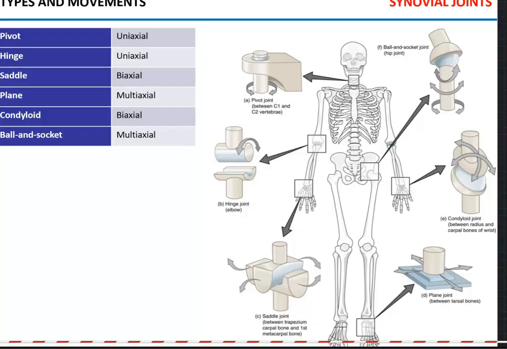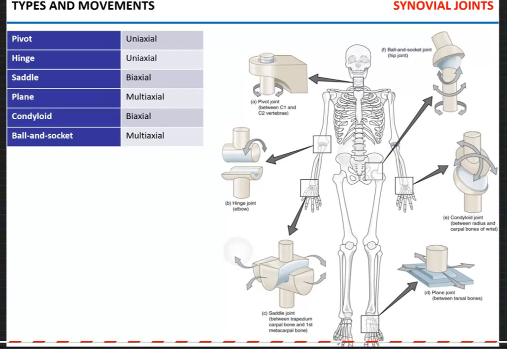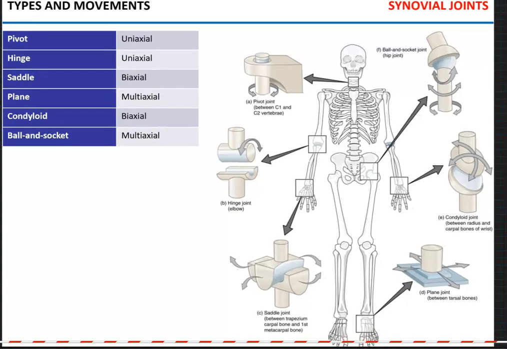So now let's talk about different joint types based on the movements that they can produce. First one, of course, is the pivot joint. Okay? So a pivot joint can be found between the first and the second cervical vertebrae.